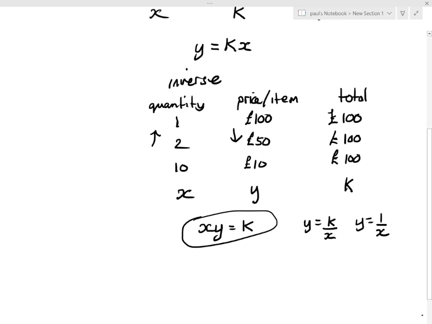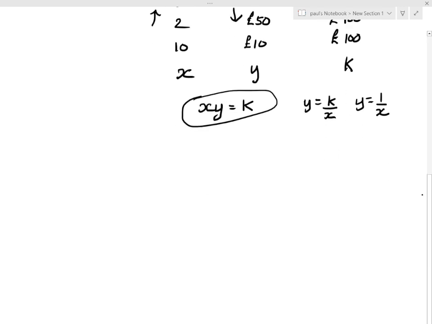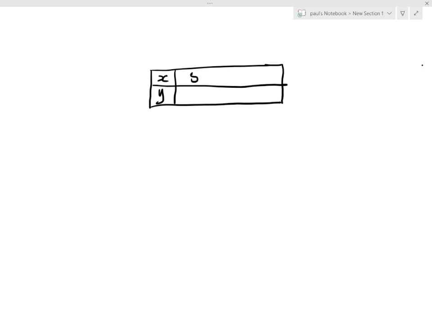The first type of question that you're going to get on proportions might be similar to this. So you get a little table here, and we'll have an X and a Y, and there'll be some missing bits that we have to fill in. We call this 10 and we call this 20.